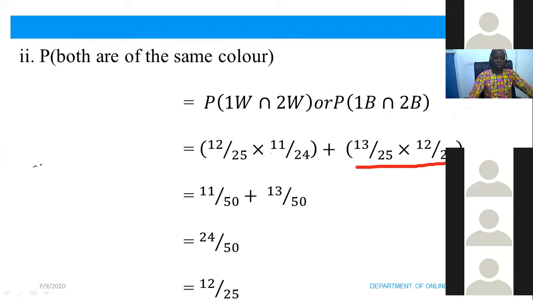So, Tiola, did you get the explanation? Yes, sir. All right. Have you finished copying? Yes. Okay. Now let's move on to the next question, the third one there.